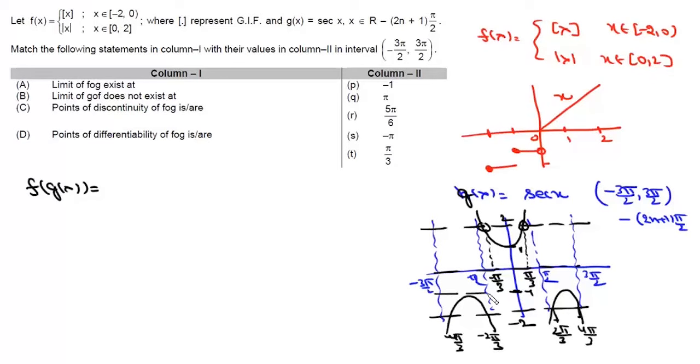When x lies between -2 and -1, this definition is -2. In between these two, this definition is -1, and here this definition is x.